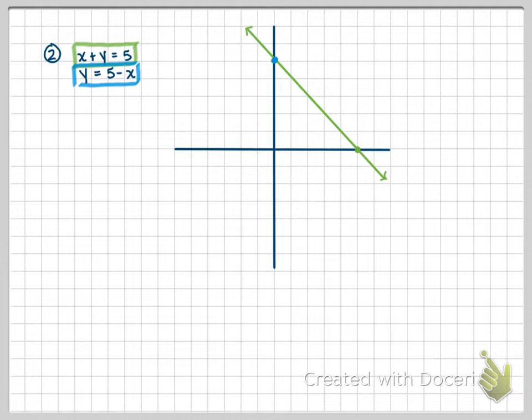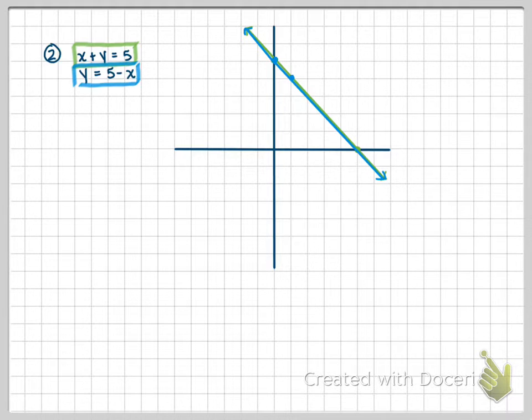So if my slope is -1, that means I can go from any point to the right one and then down one to get a second point. And if we draw our line through those 2 points, we see that it is in fact the same exact line. I'm trying not to do it right on top so we can see both.